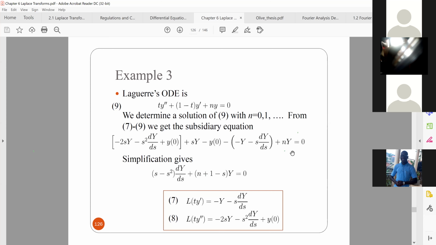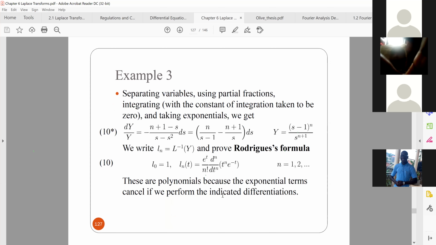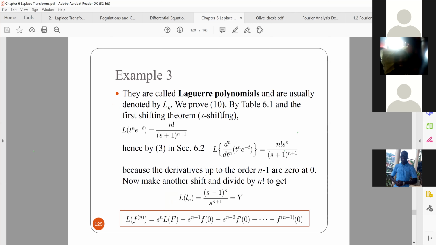So then you solve that, do collection of like terms and simplify. And then, separating of variables and partial fractions, and you end up with this solution based on that. So if you're interested, you can go through it, but essentially that is one application of that.